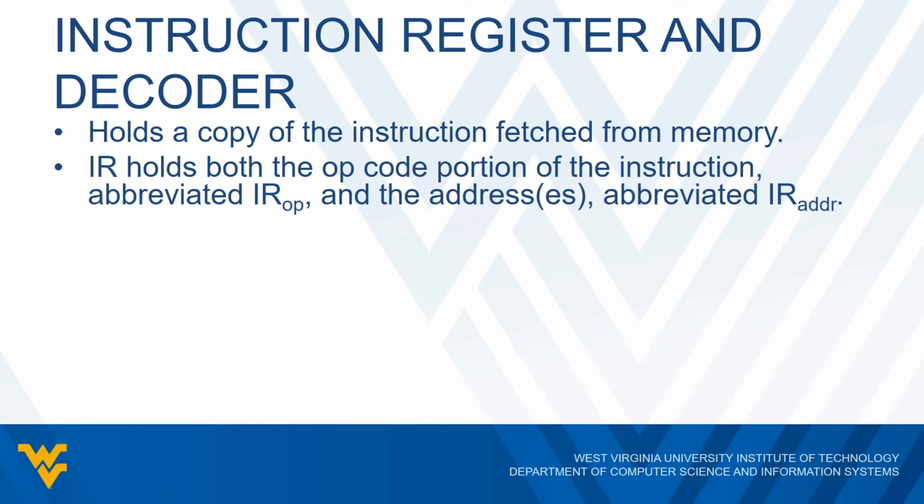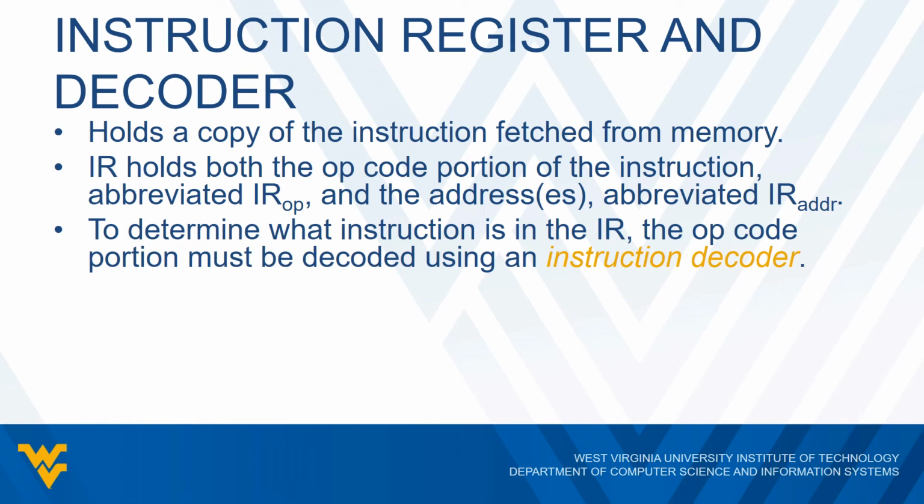It holds both the opcode portion of the instruction, which is abbreviated as IR op in this case, and then the address or addresses, which we abbreviate as IR with the address as a subscript.